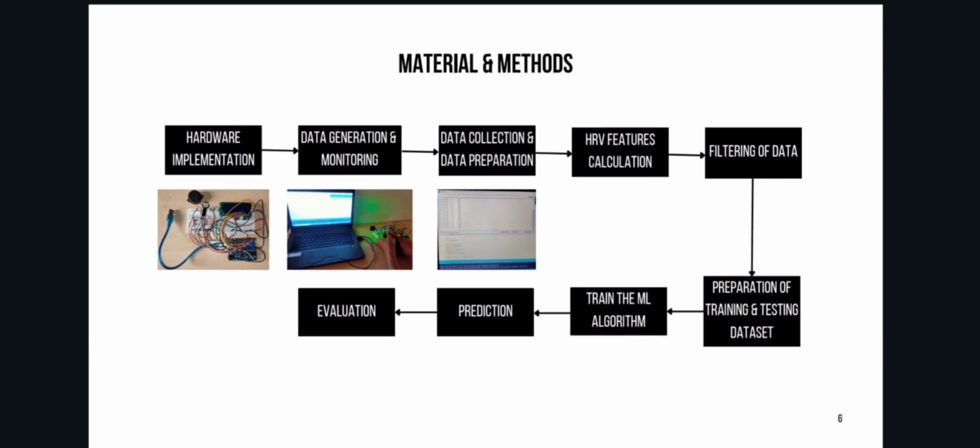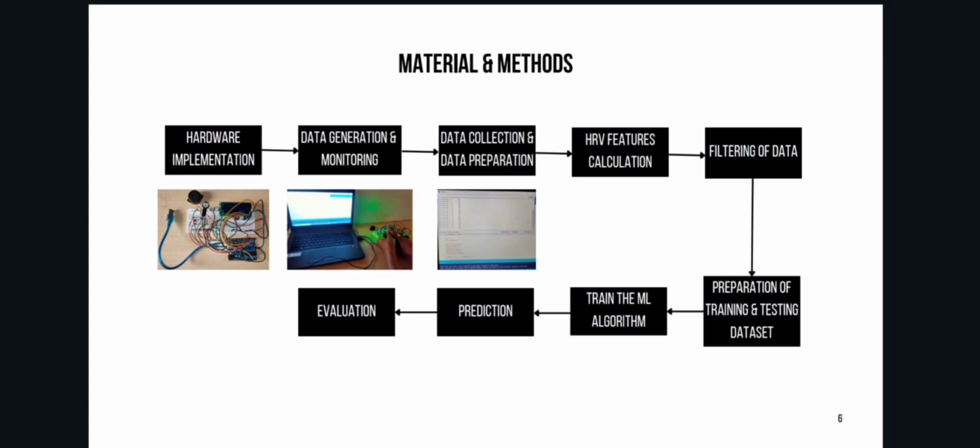Methodology adopted in this work has been shown in this slide. The first block shows the hardware implementation using non-invasive PPG sensor, which is further processed using Arduino Atmega 328P microcontroller. The second block depicts data generation and monitoring using a PC.